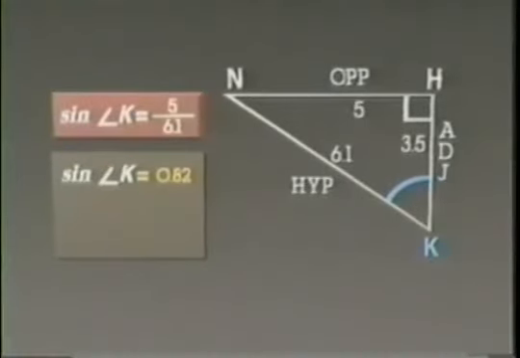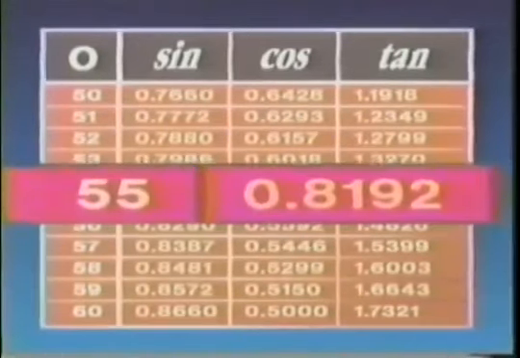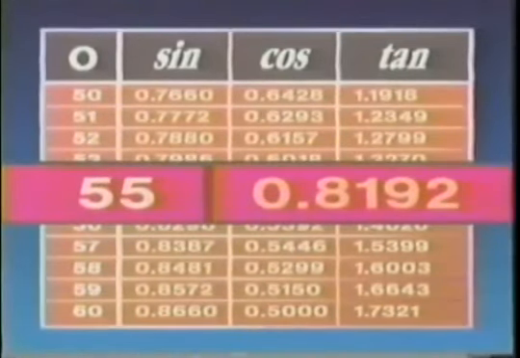A calculator, or trig tables, gives angle K as 55 degrees. Trig tables relate angles and trig ratios. This means that if you have one of them, you can look up the other. In the table, the sine value of 55 degrees is 0.8192.